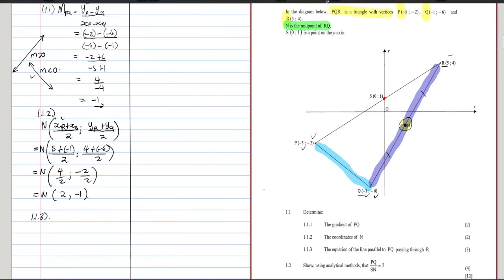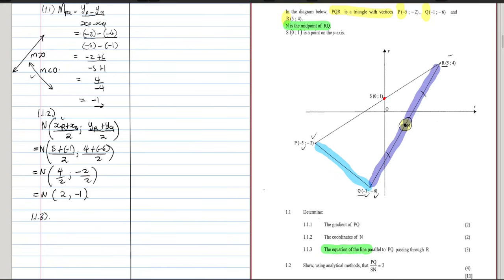Let me use green again. Determine the equation of the line. Whenever you want an equation of a straight line, you're going to need, number one, a point that lies on that straight line. Number two, you need a gradient of that line that you want to calculate the equation for.